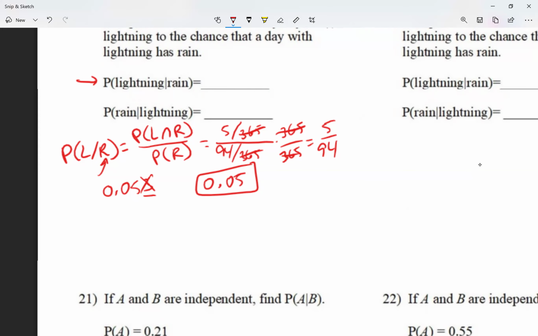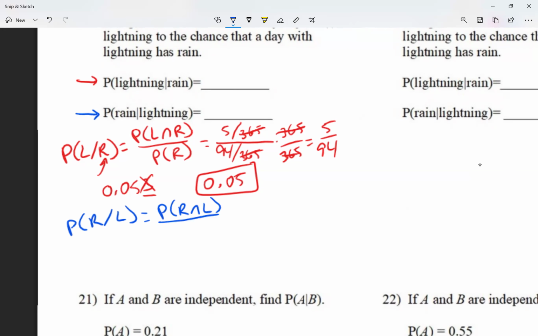Cool. Now we're going to do the second one. I'm going to use blue for this one. What's the probability of rain given that it's lightning? And I remember for this, I have to go probability of rain and lightning divided by probability of lightning.